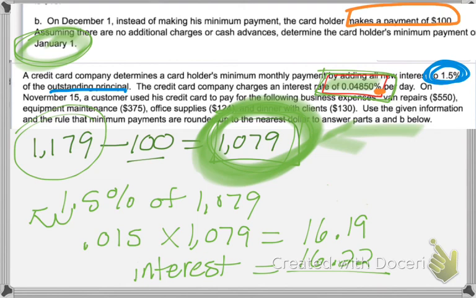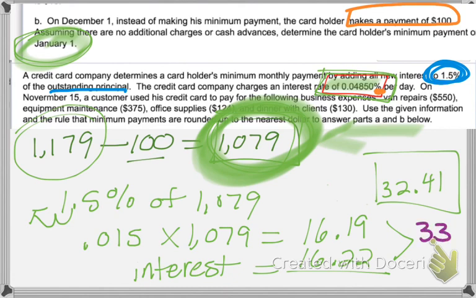If we add those two together, that means the company is going to ask for $32.41. And as we've already established, credit card companies don't like to say $32.41 for minimum payments. Even though the correct way to round to the nearest whole dollar would be to round this to 32, the company is going to ask for $33. So the final minimum payment that the company is going to ask this customer for is $33.